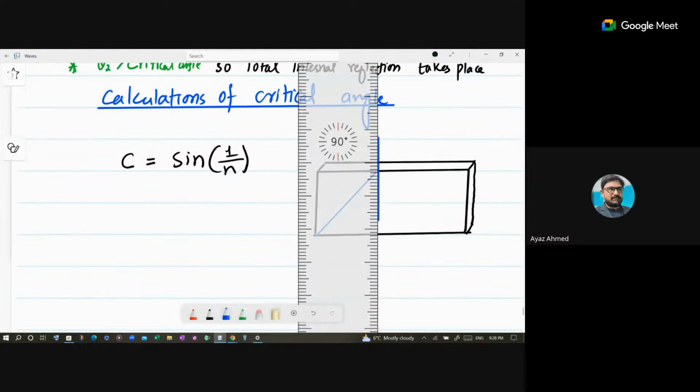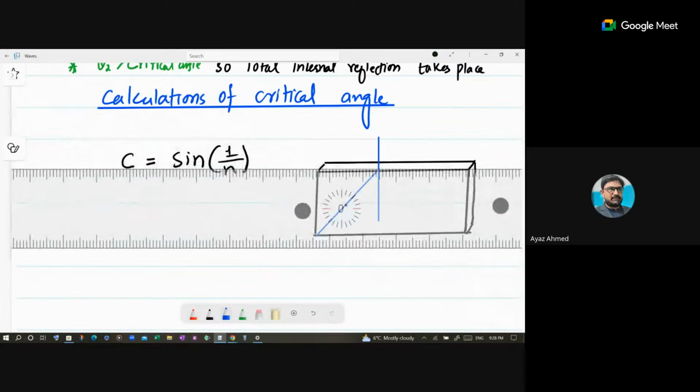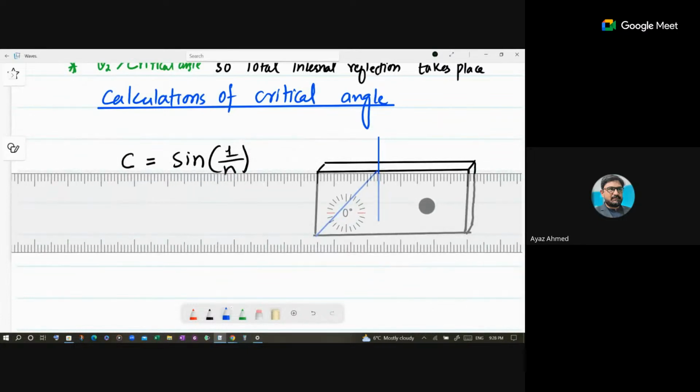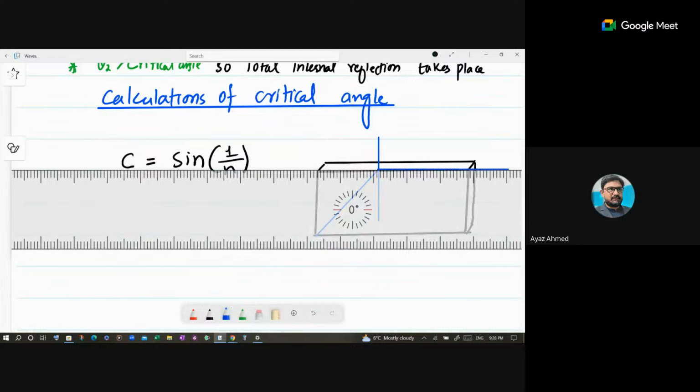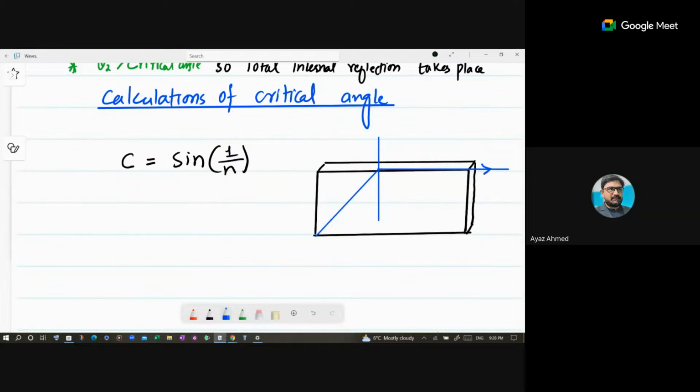This light would pass at this angle, I mean it would become parallel to the surface of the glass. Now this is your critical angle, and this angle is equal to 90 degrees. Can I say this is your incidence angle, and it is the angle of refraction, the minimum angle at which refraction will take place?